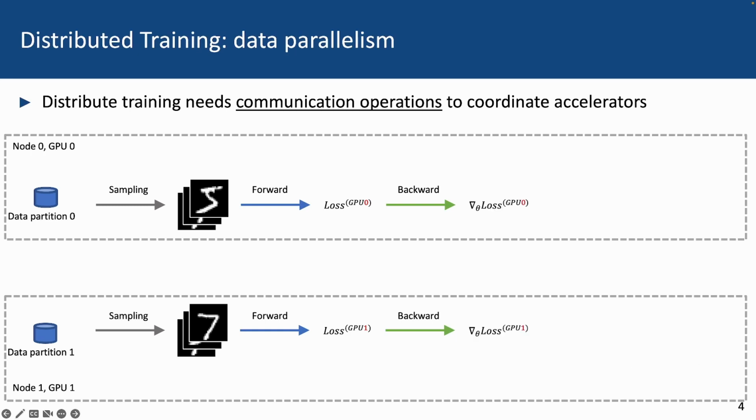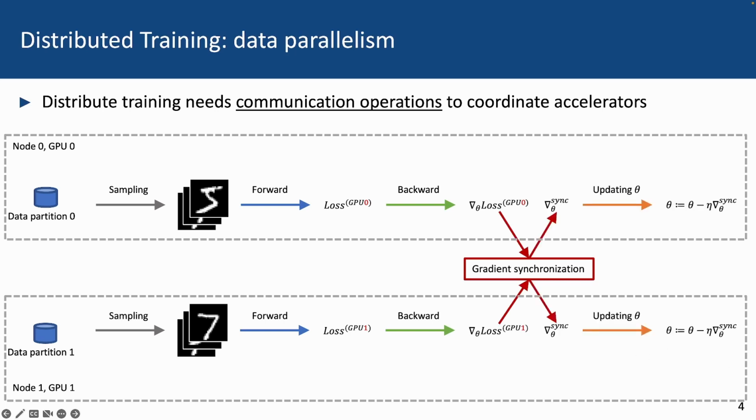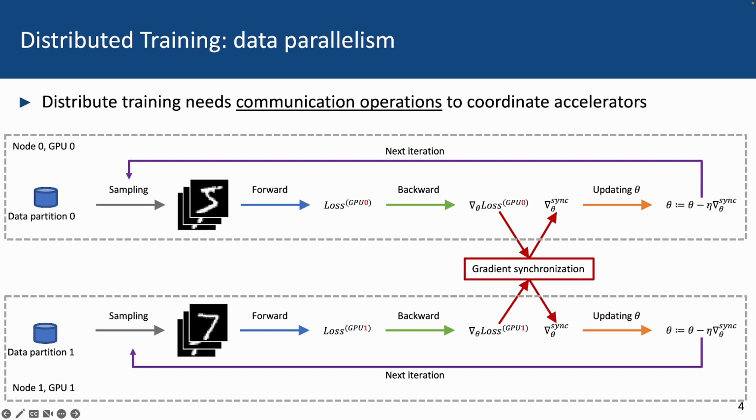Once the gradients are computed, we have a synchronization step to synchronize the gradients on the two GPUs. Then we proceed with parameter updating with the synchronized gradients. Using synchronized parameters ensures all devices work on the same model for subsequent iterations. The gradient synchronization phase is typically overlapped with backward computation for efficiency.